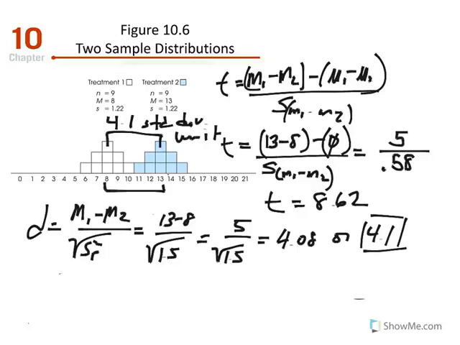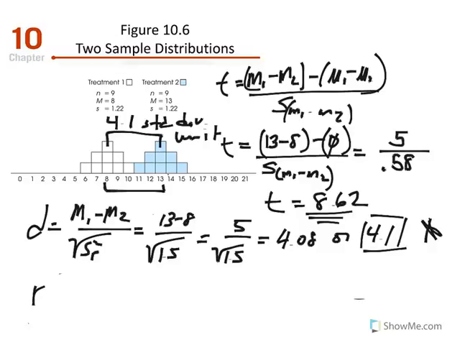We're showing great differences between these two samples that are representative of two different populations. So the shift is equal to 4 standard deviation units, or you can think of 4 z-scores that have increased from treatment 1 in comparison to treatment 2. So again, this is very significant and supports this t-statistic that was calculated, and also bolsters the conclusion to reject the null hypothesis.